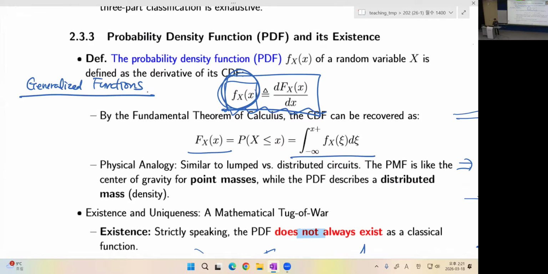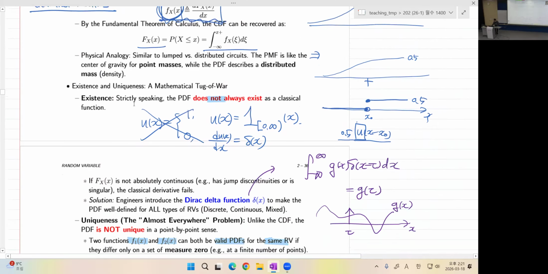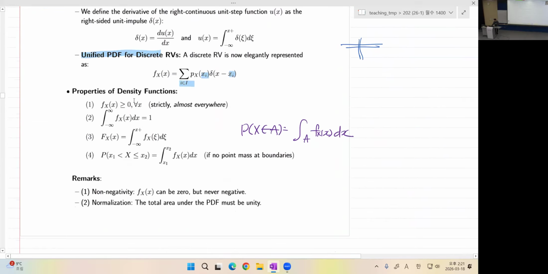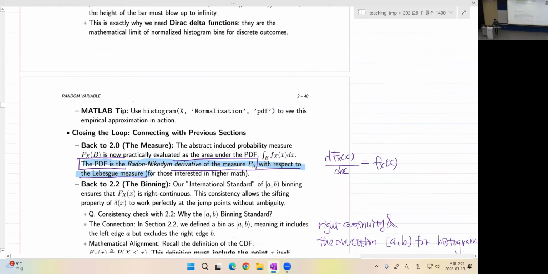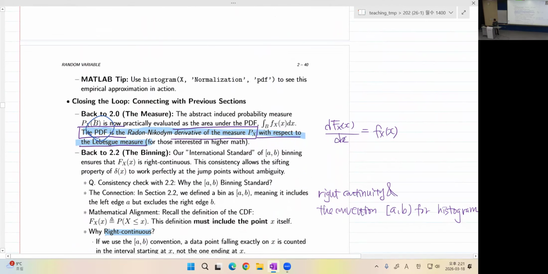And in probability theory, let me show you. This is not that important, but just remember where it is. I put it, yeah. So PDF, this is the precise mathematical description. PDF is the Radon-Nikodym derivative of the induced probability measure with respect to Lebesgue measure. What is that? Just remember this way. Got it?